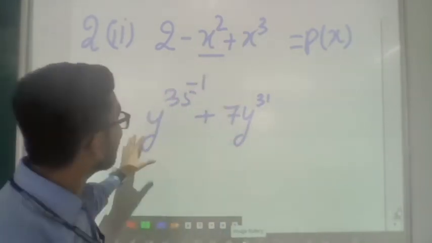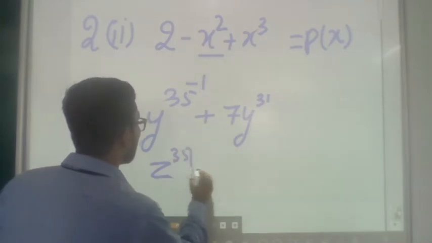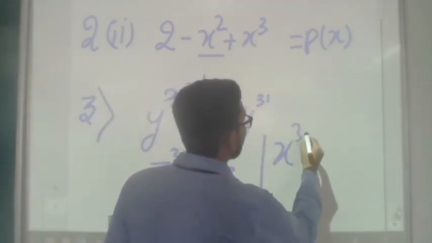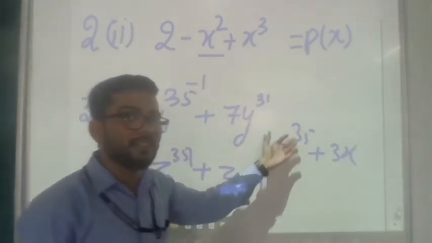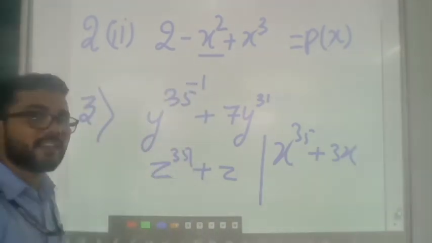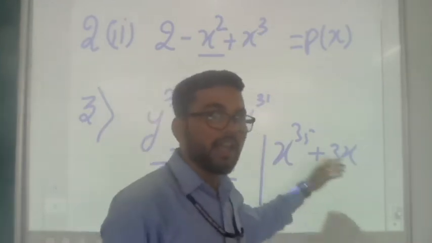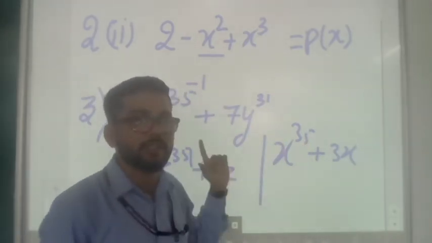You can write z to the power 35 plus z, or x to the power 35 plus 3x. Here also the highest degree is 35. You can write any polynomial of two terms; all are binomials, and the degree will be 35 when the highest power of the variable is 35.